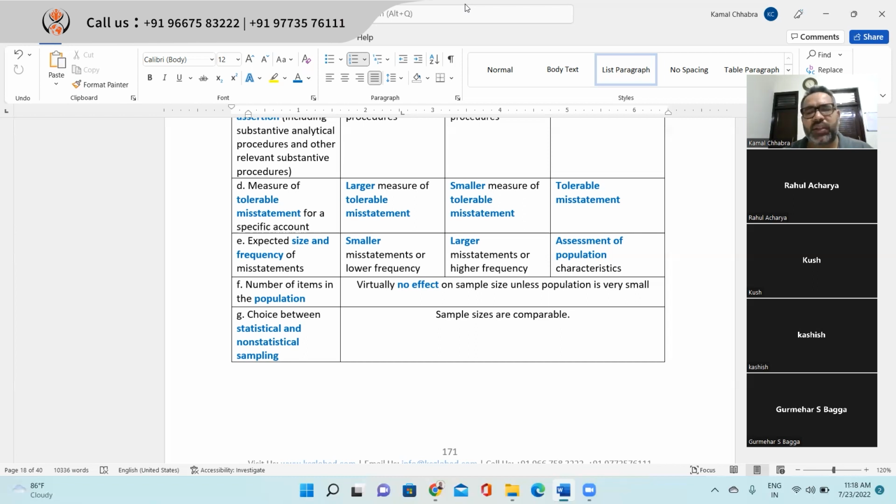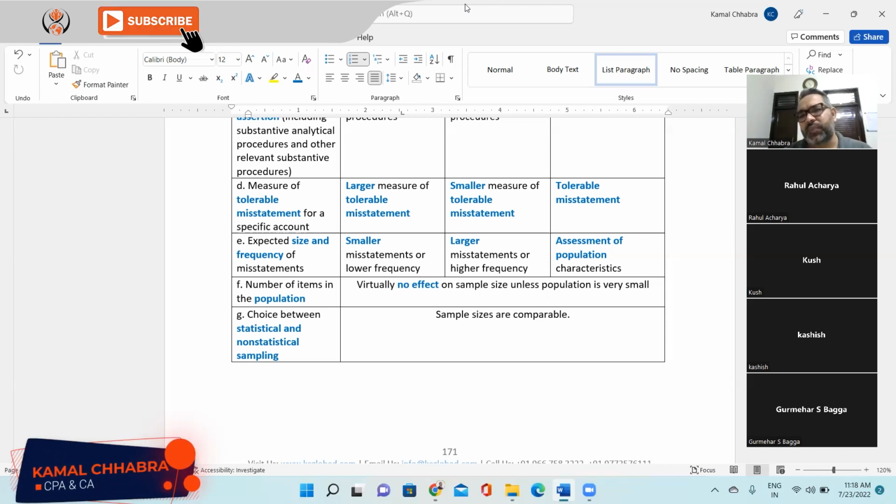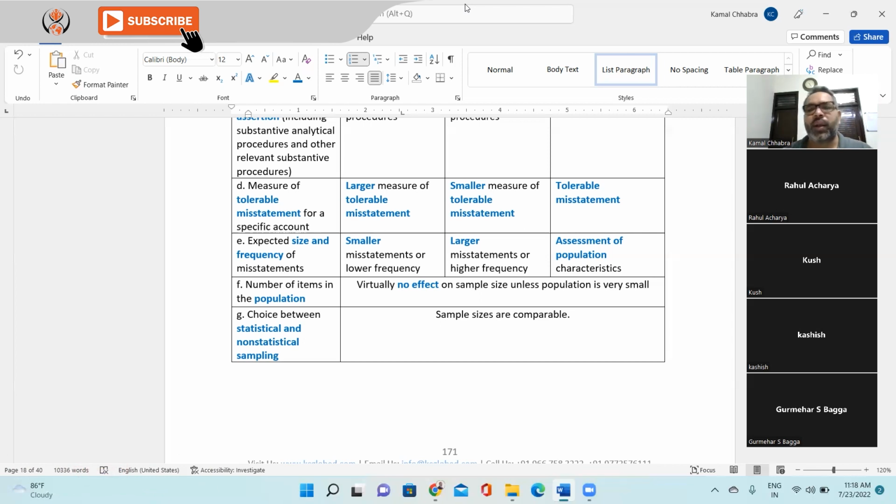Otherwise, it will not majorly impact the sample size. And the choice between statistical and non-statistical sampling: sample sizes are comparable. It depends on the professional judgment of the auditor, which approach is more effective to conduct the respective audit. But generally, sample sizes are comparable in both approaches, right?